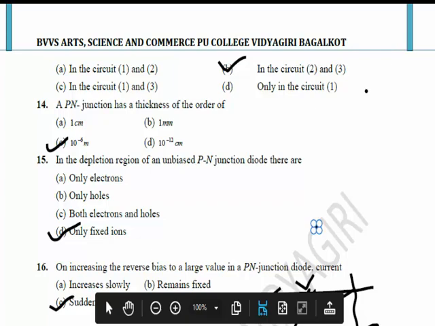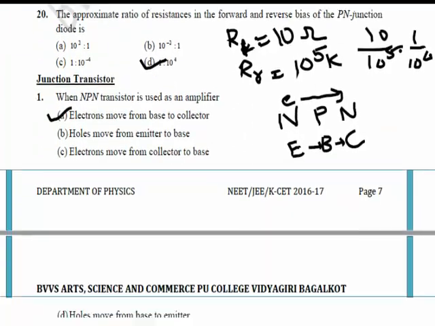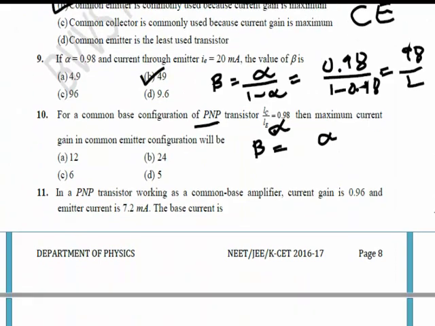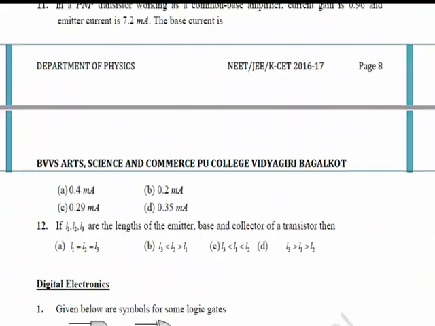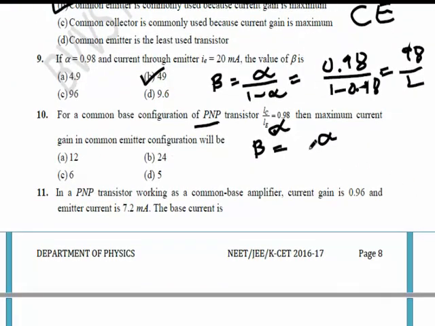See, this is the question. See here, alpha, 10th question. Alpha is IC by IE, which is 0.98. Maximum current gain in common emitter, beta equals alpha by 1 minus alpha.